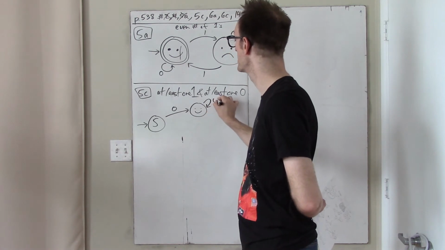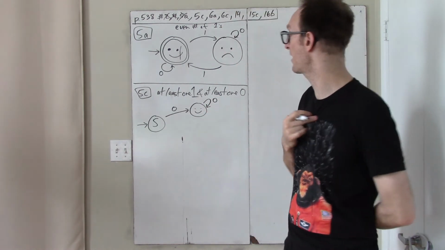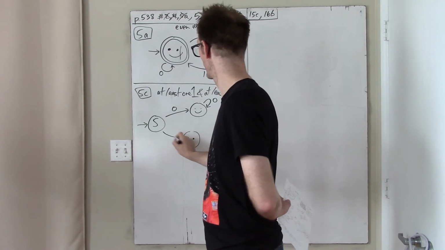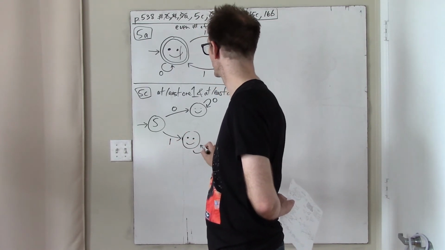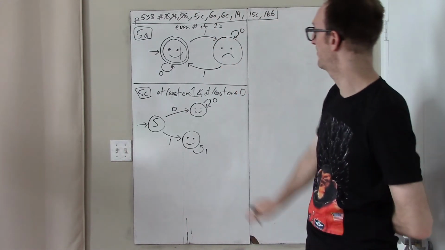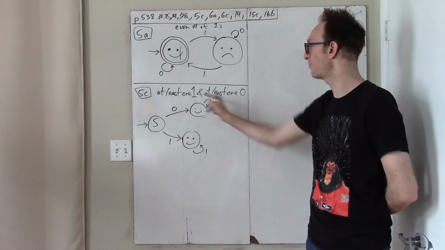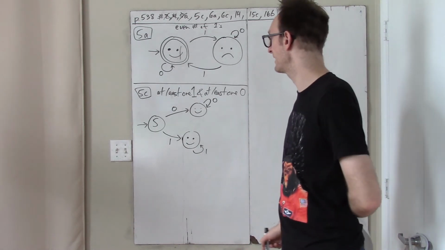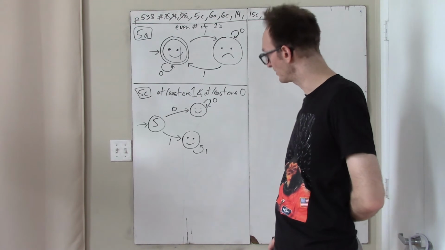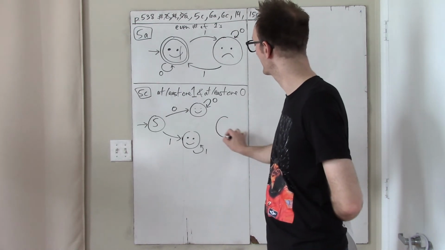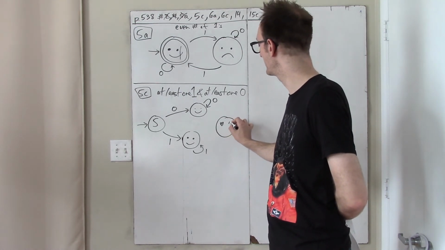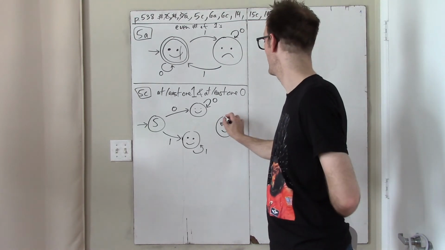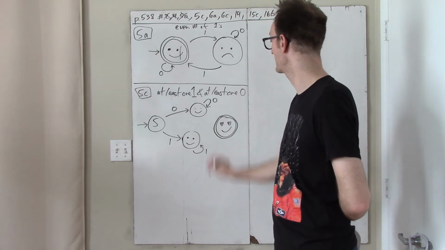Subsequent 0s don't make me any happier than I already am. And there is an alternative route to happiness where I receive a 1. Because I am poised to accept strings which have at least one 1 and at least one 0. Well, here I'm sort of half happy. What will it take to make me totally happy? It will be if I get a 1 and a 0. And if I get a 1 and a 0, I should accept.